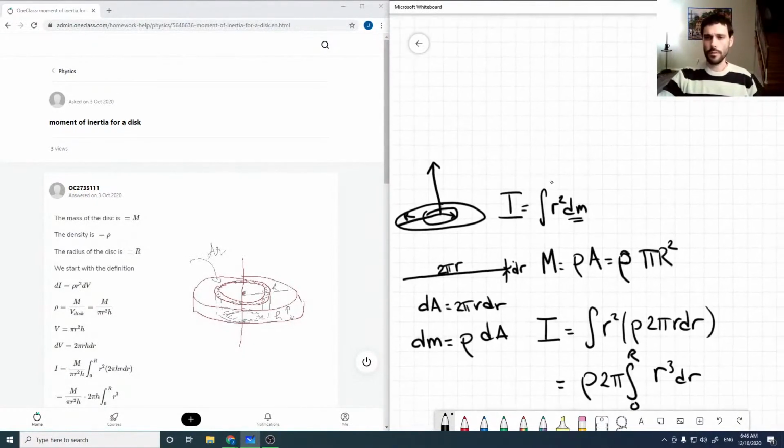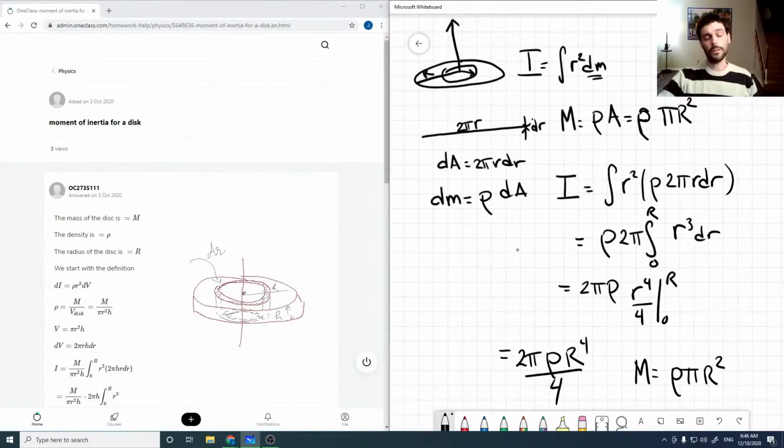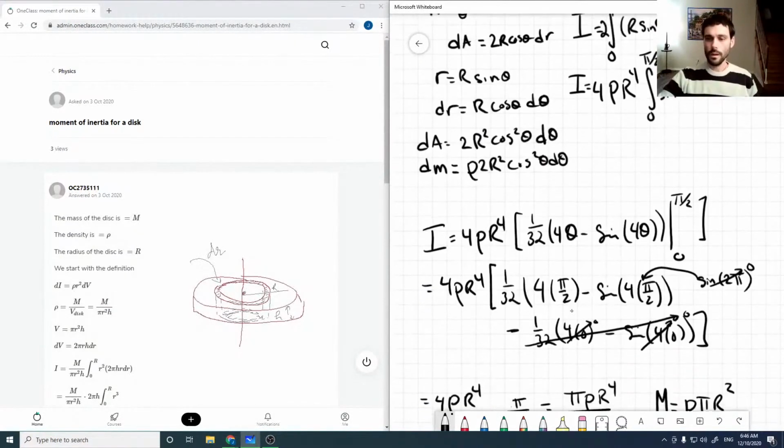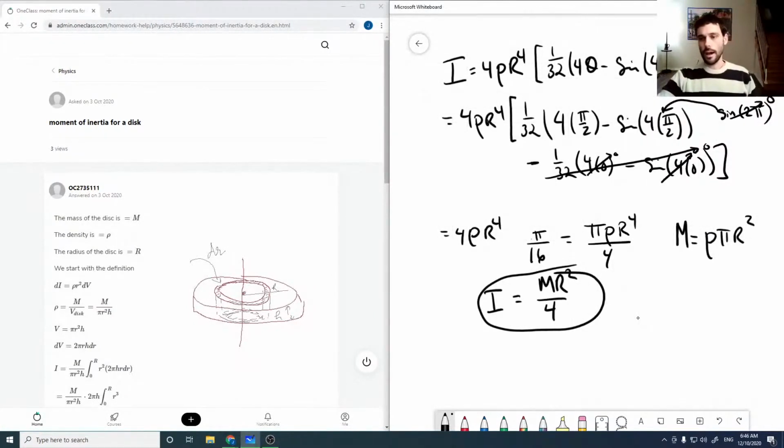And this is for the moment of inertia about an axis which is perpendicular to the disk and passes through the center. And as I showed in a previous question, we can move to pretty much any other axis that's perpendicular to these ones fairly readily.